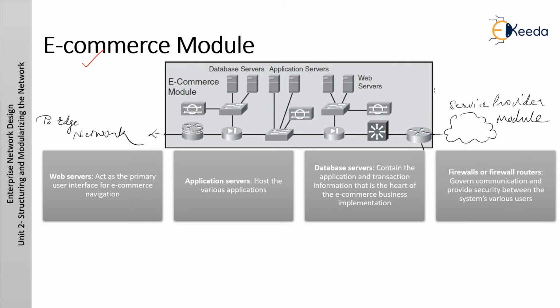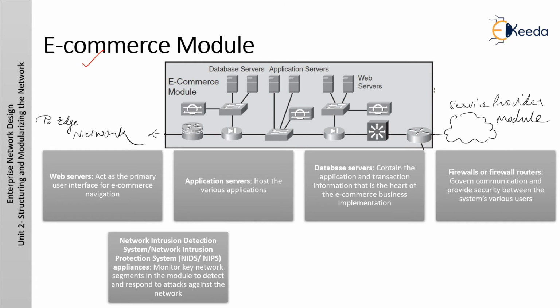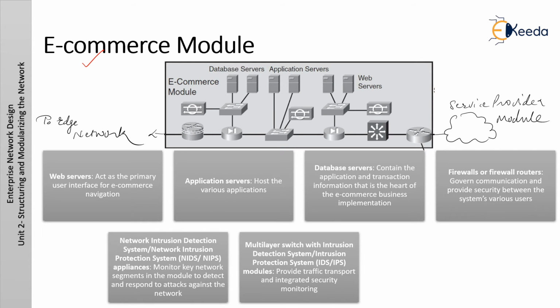Firewalls or firewall routers govern communication and provide security between the various systems and users. Network intrusion detection system, network intrusion protection system, NIDS or NIPS, monitor key network segments in the module to detect and respond to attacks against the network.